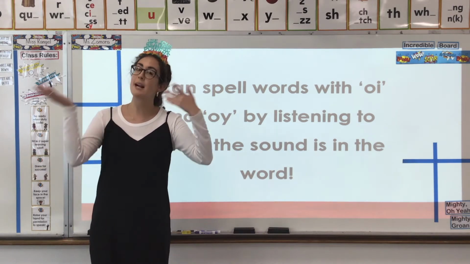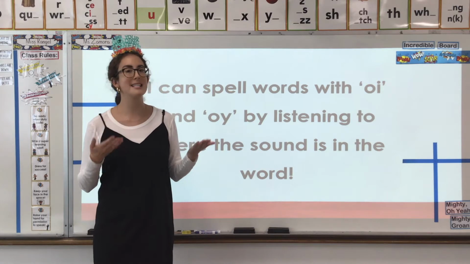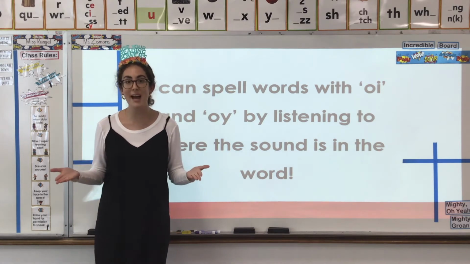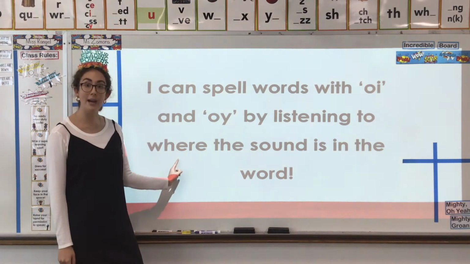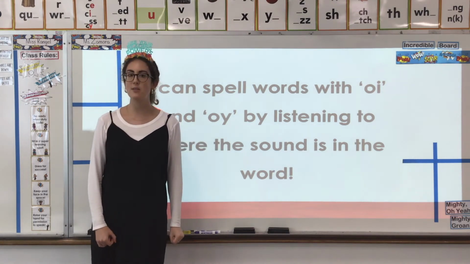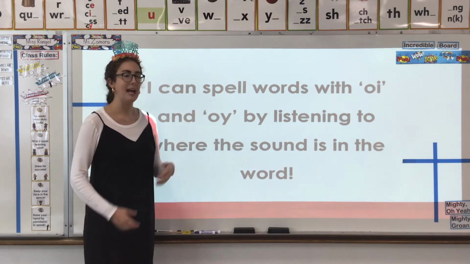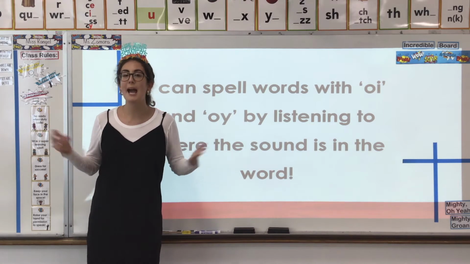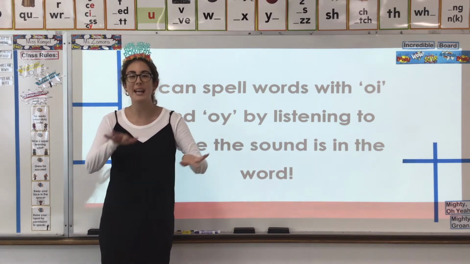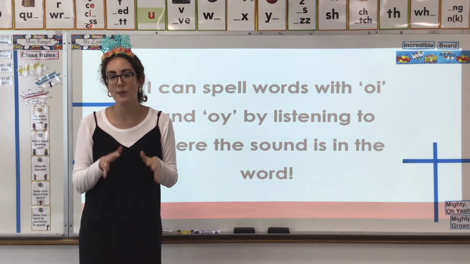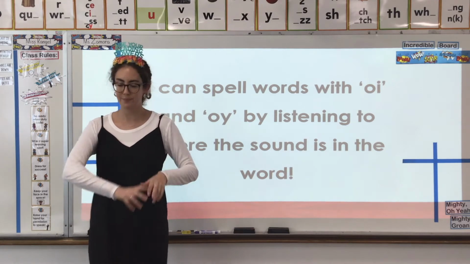Today, we're going to practice the flip side. We're going to practice spelling. And all of that depends on where the sound is in the word for O-I and O-Y. And that changes how we spell the sound. We got introduced to that a little bit yesterday, but we're going to really practice that today.